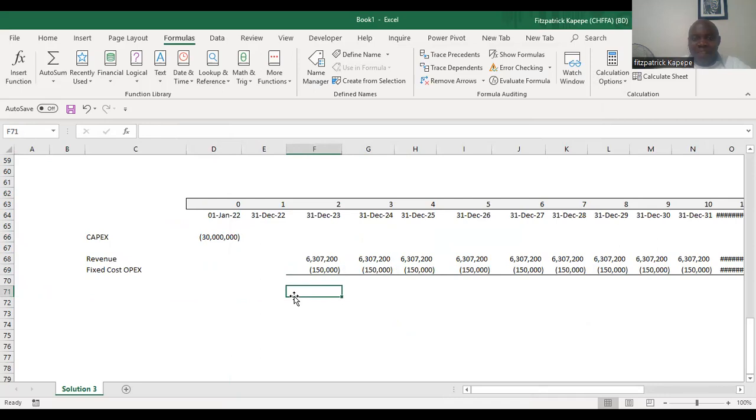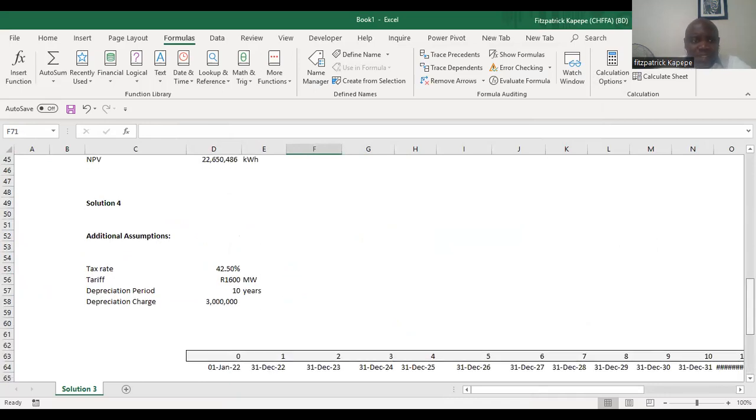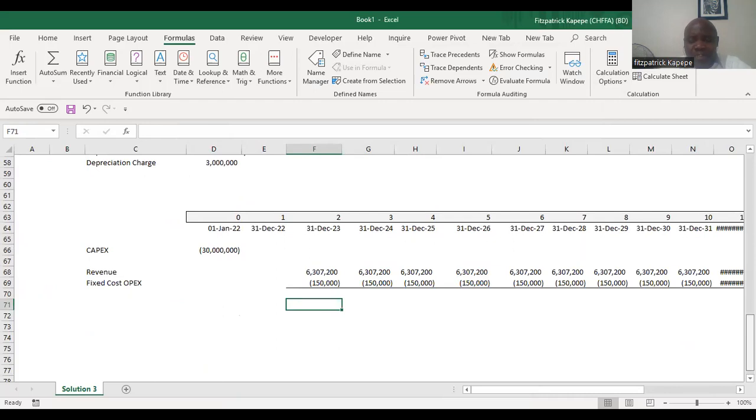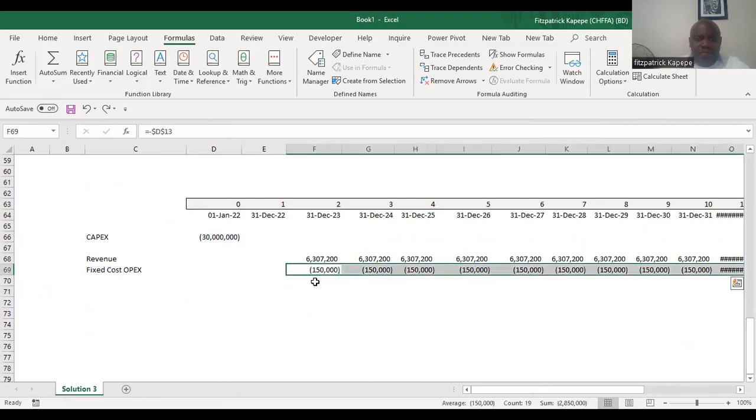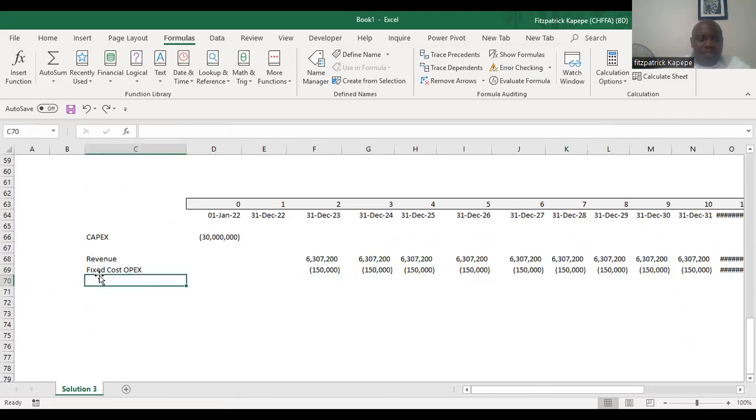Okay. So those were the only costs that I've seen. Then we are going to bring in depreciation, obviously. Let me just remove this part and do this. So I'll bring depreciation here. Depreciation is for 10 years.